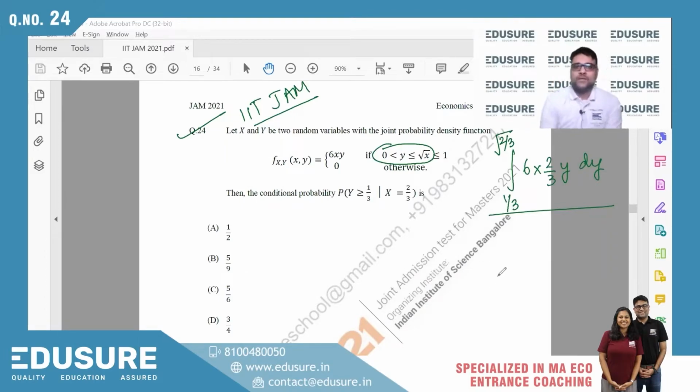So here what will I do? Basically 0 to root x. If I have to find the marginal distribution of x, I need to integrate over the range of y. So y is 0 to root x, 6xy.